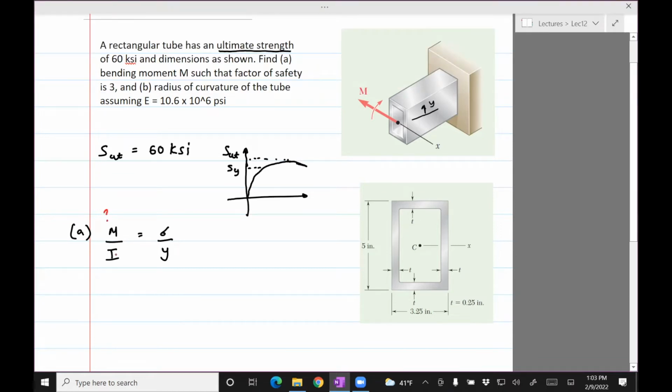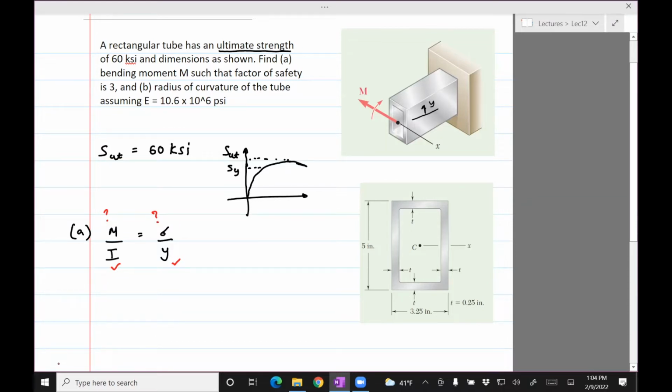So that's an unknown. Since we're given the dimensions of the box, we can find I. We can also find y, because that's the distance from the neutral axis where you would get maximum stress. But sigma is not given to us.